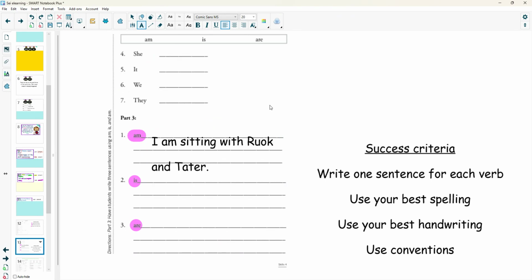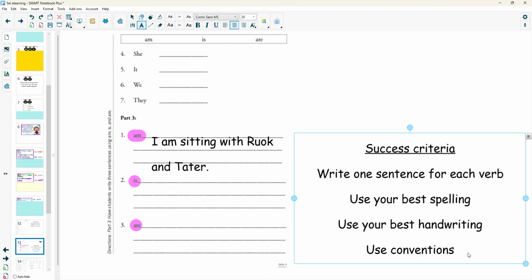Now, let's take a look at my success criteria and see if I did it correctly. Write 1 sentence for each verb. Okay, well, I did that so far. Use your best spelling. Let's see, I am sitting. Yep, I spelled their names right. I spelled everything right. Use my best handwriting. Well, I did that because I typed it.